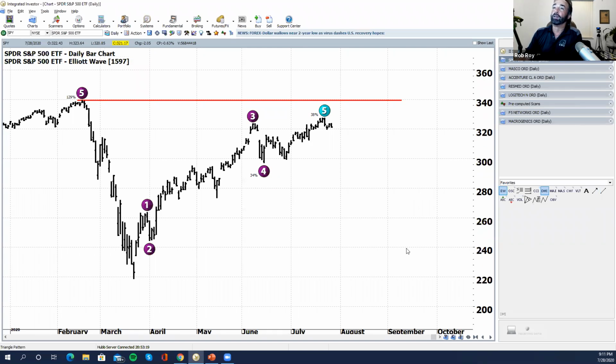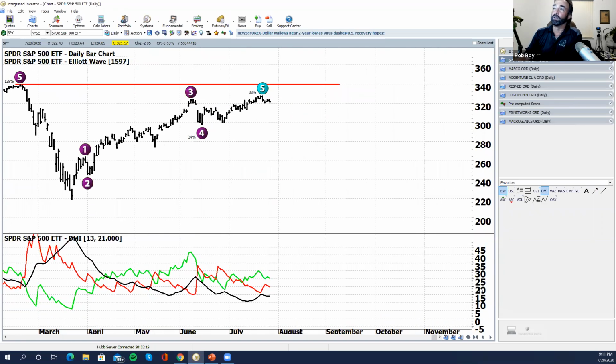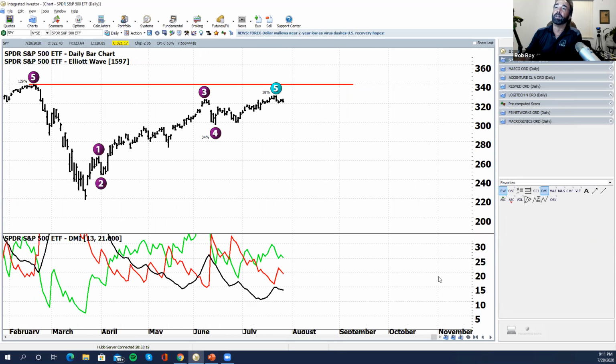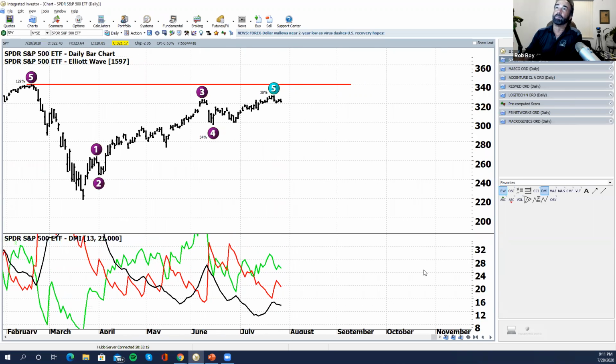We might take a look at the DMI, and as you would expect with what's occurring, the ADX is just not too excited about what's occurring at the moment. You can see, however, that the positive directional indicator is above the negative, indicating that the buying pressure is still in control. So the buyers are still in control, not by a whole heck of a lot, but the market isn't really doing much either.